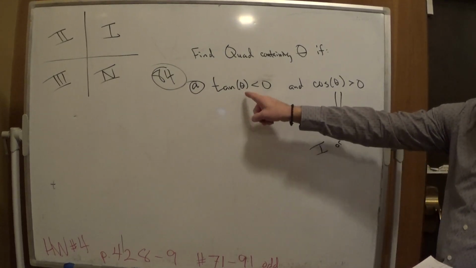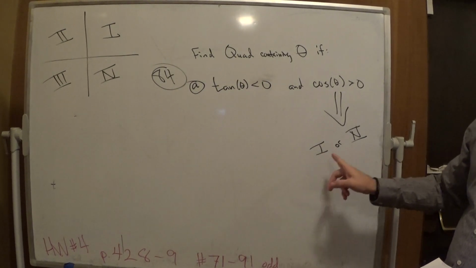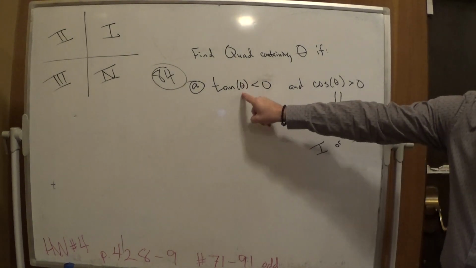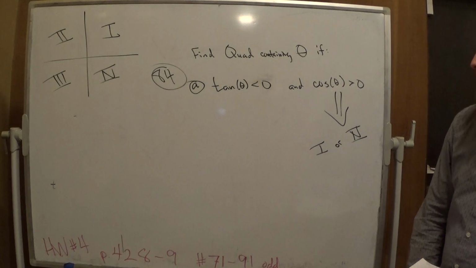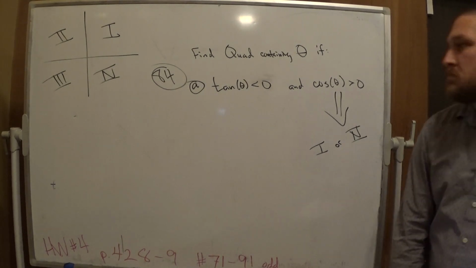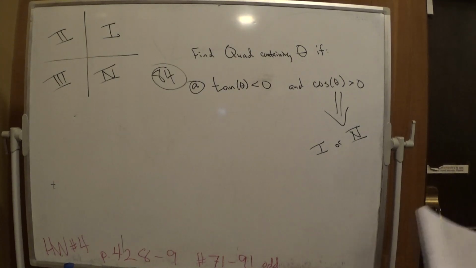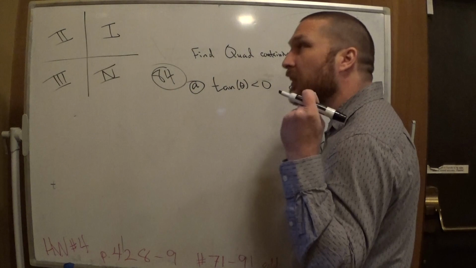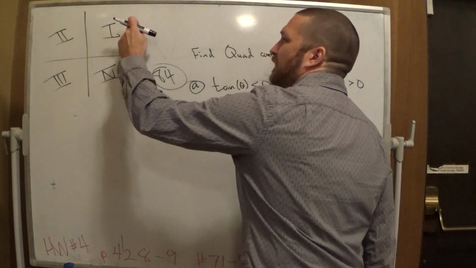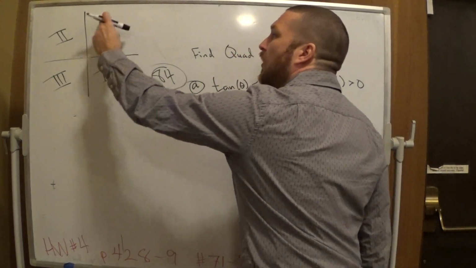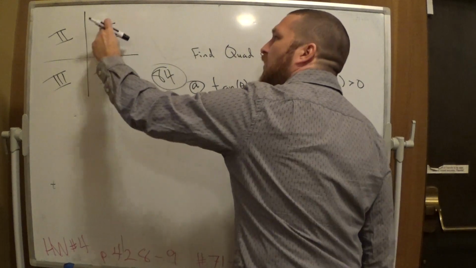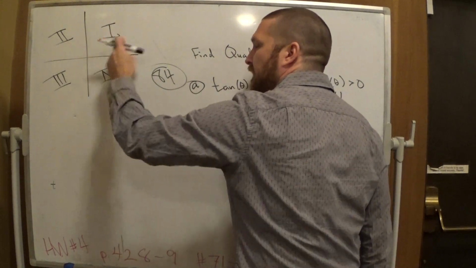So now, given that we're either in 1 or 4, where is tangent negative? Can tangent be negative in the first quadrant? No, nothing's negative in the first quadrant. In fact, all of these are positive in the first quadrant.